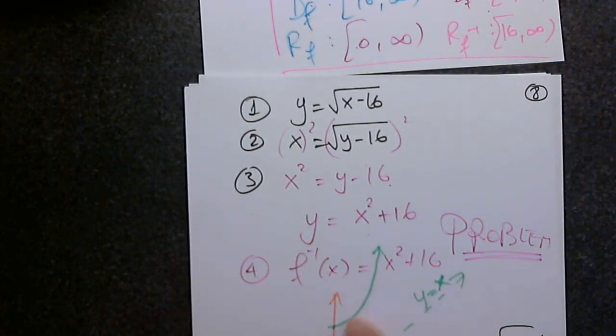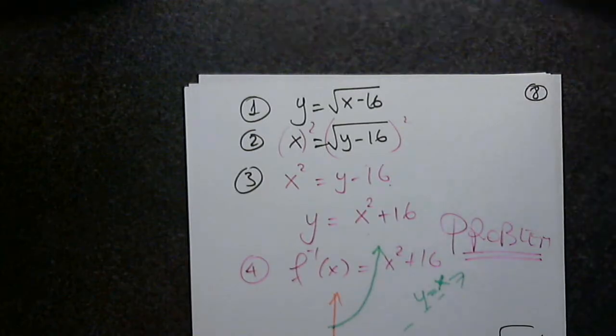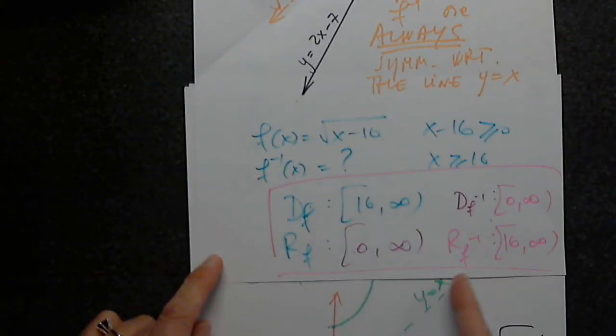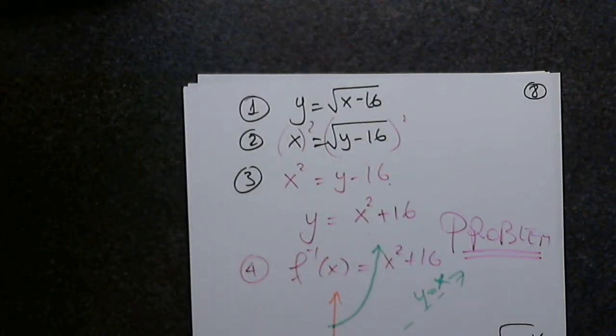And now these two are symmetric with respect to y equals x, and they are for sure inverses of each other. So that's why I determined the domain first, to see what's happening here. Any questions? Okay, the last section of this chapter deals with three things.